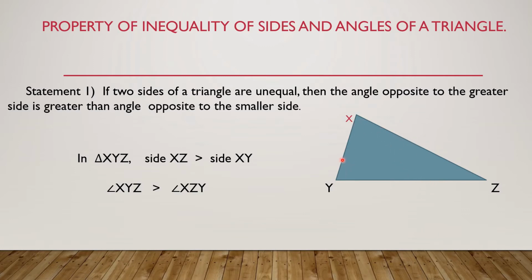That means XZ is the greater side and XY is the smaller side. What is the opposite angle of XZ? That is angle XYZ, and the opposite angle of side XY is angle XZY, and therefore angle XYZ is greater than angle XZY.